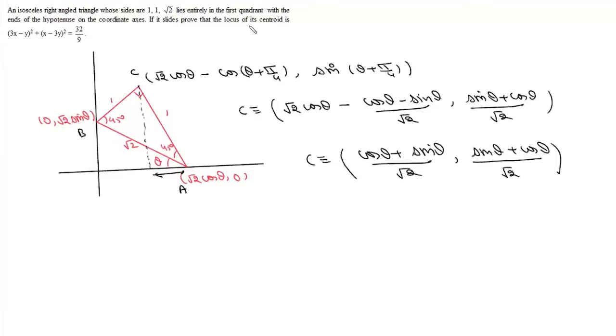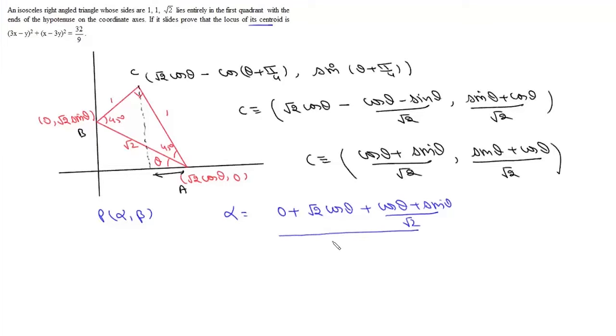Now we have to find the locus of its centroid. Now suppose this point is P (alpha, beta). Now alpha will be 0 plus root 2 cos theta plus (cos theta plus sin theta by root 2) whole divided by 3, and that will be 3 cos theta plus sin theta upon 3 root 2.